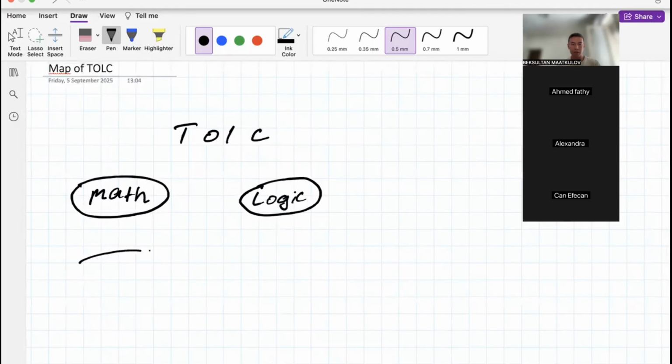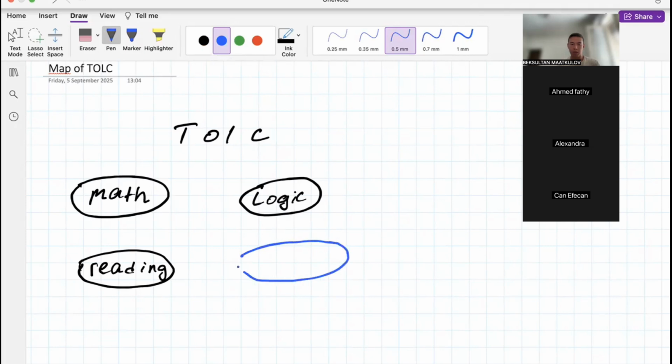And then we've got verbal comprehension, but I would refer to it as reading. And for those who are doing TOLC-I, you'll have one more section, which is science. So let me write it in another color.